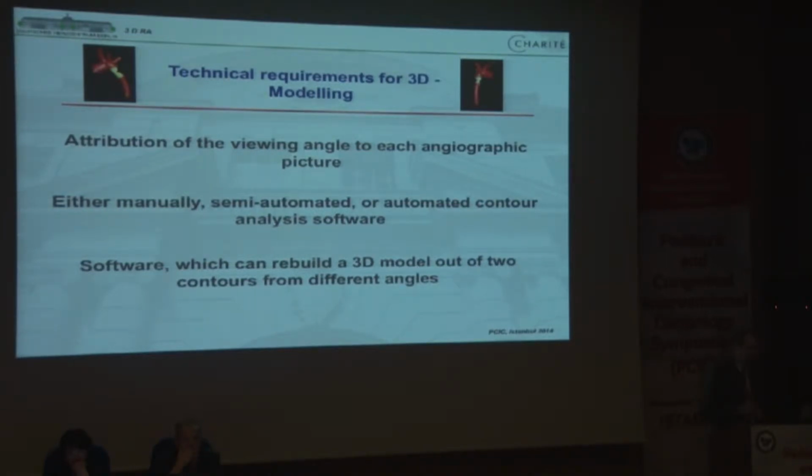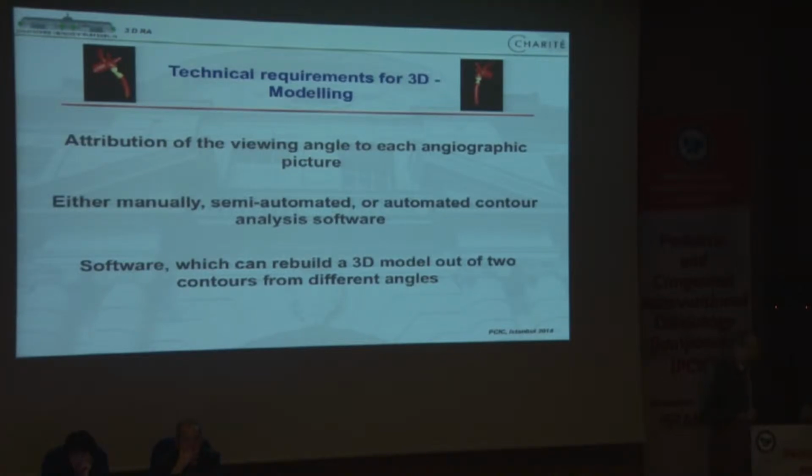With different viewing angles in each angiographic picture, you need a 3-dimensional reconstruction of what you have recorded. Either you can do it manually with a computer or semi-automated, or in the meantime there are automatic contour analysis softwares which help very much.